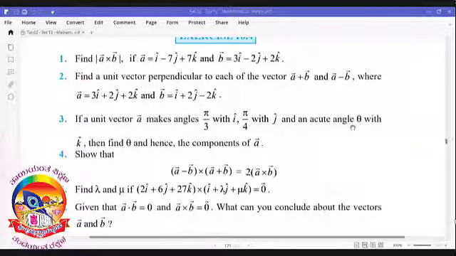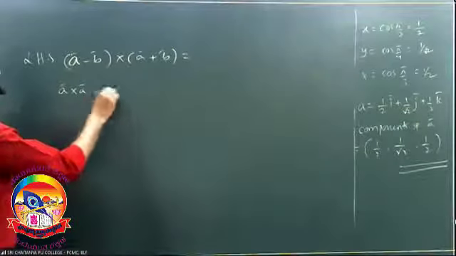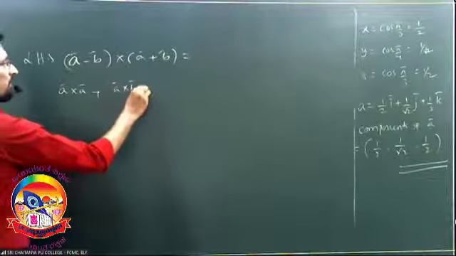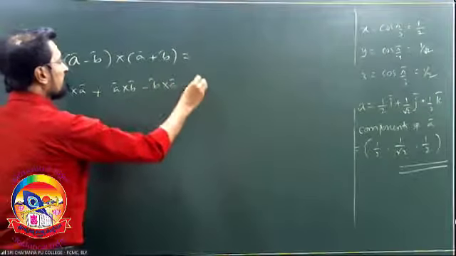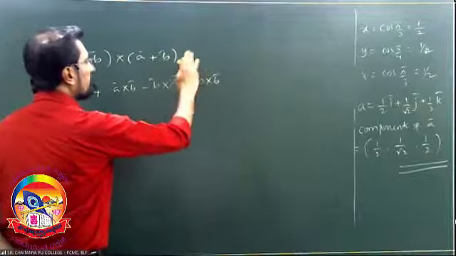Now I am going to write the problem on the board. Observe. Show that A bar minus B bar cross A bar plus B bar is equal to, this is the LHS I took. Now, just multiply: A bar cross A bar plus A bar cross B bar minus B bar cross A bar minus B bar cross B bar.